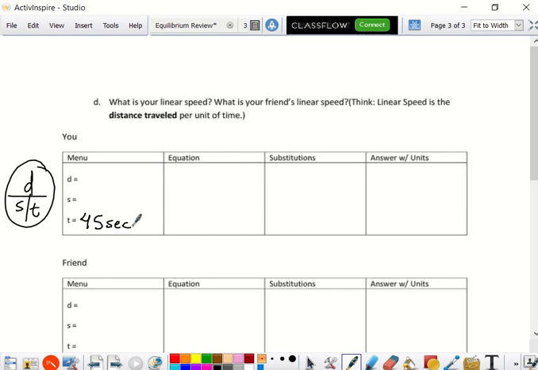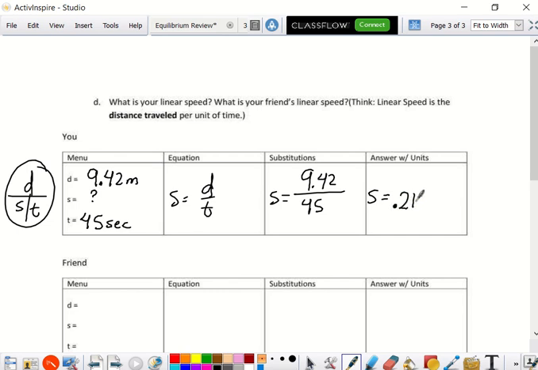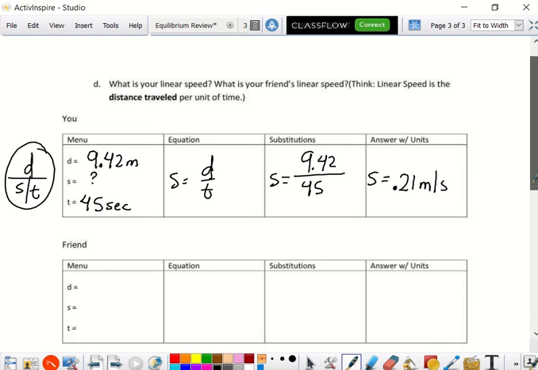My distance, the circumference that I traveled, was 9.42 meters. So 9.42 divided by 45. I was going at 0.21 meters per second, or 21 centimeters every second.